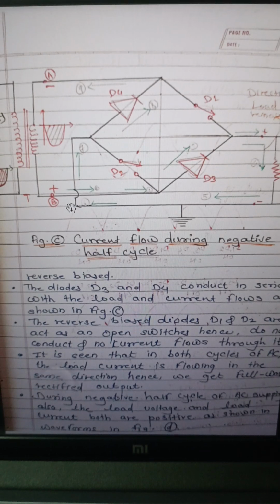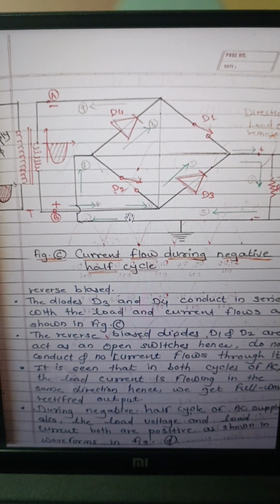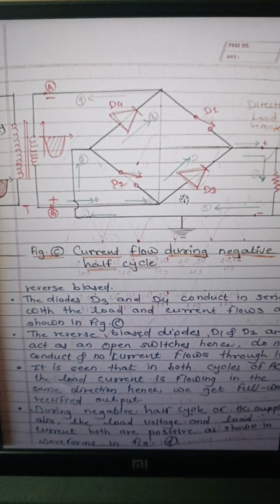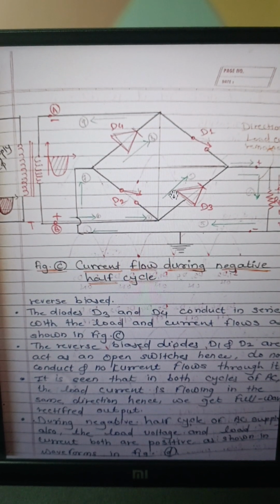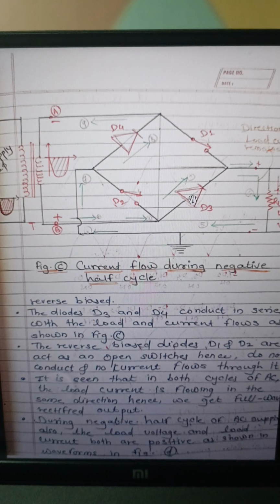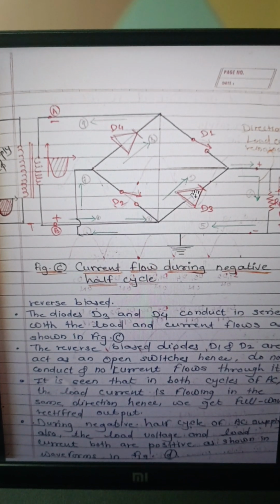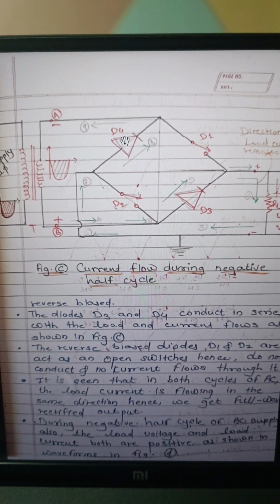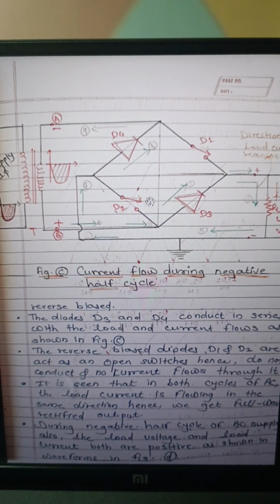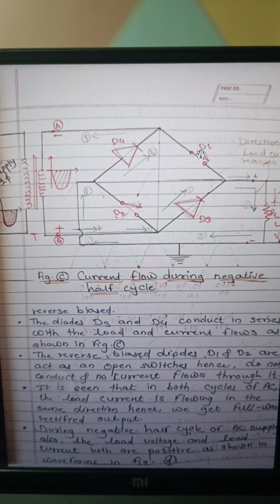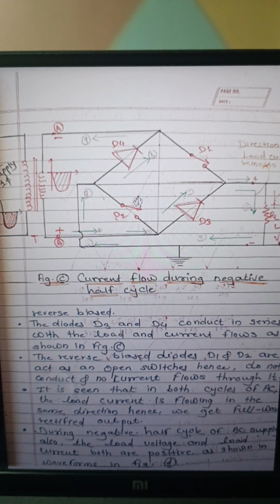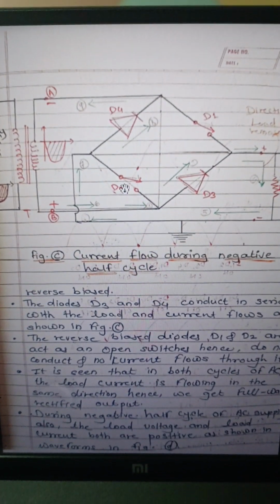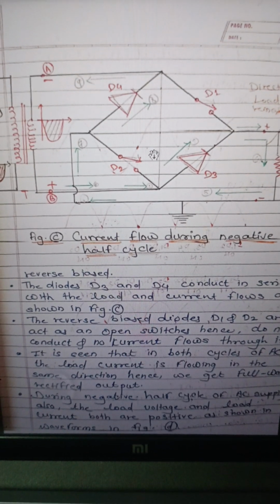As point B is positive, D3 and D4 are both in the forward bias mode, so current flows through these diodes, they start conducting. D1 and D2 are in the reverse bias mode, so they act as open switches, and no current flows through these two diodes.